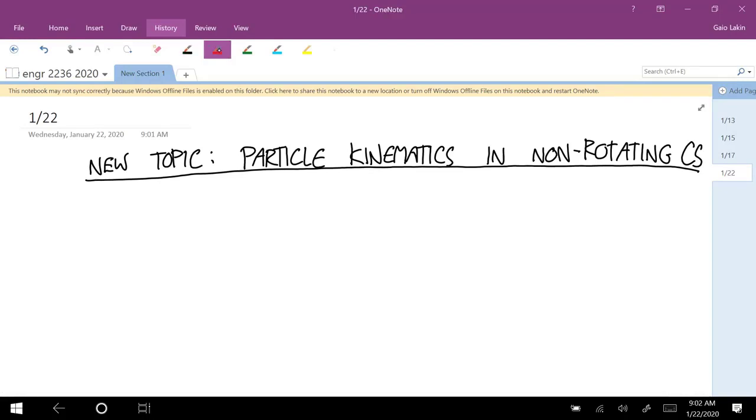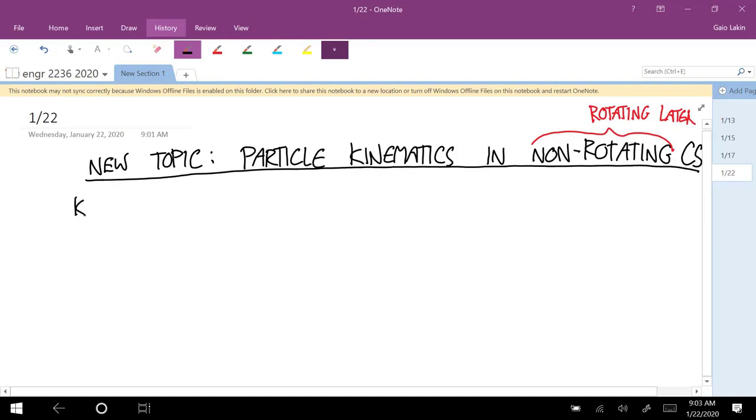And later on, one of the last topics that we're going to do is going to deal with rotating coordinate systems. Kinematics, that's pertaining to accelerations and velocities. That's just like the formal name for that.